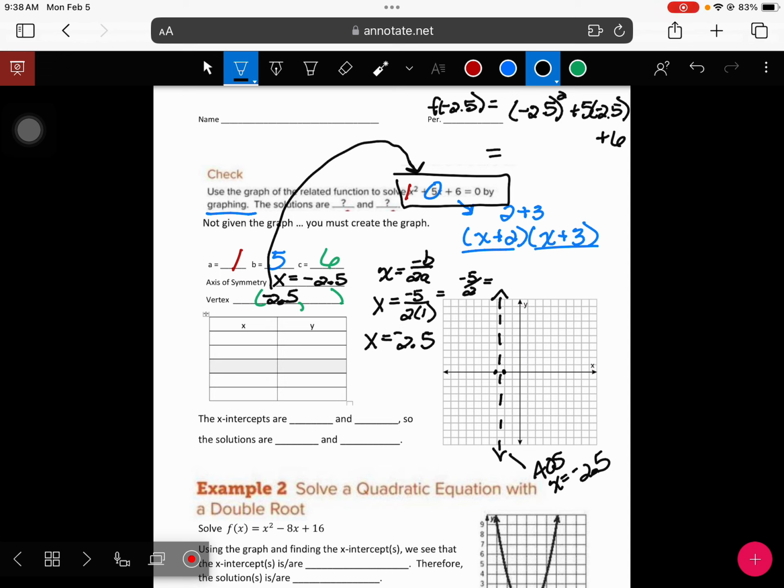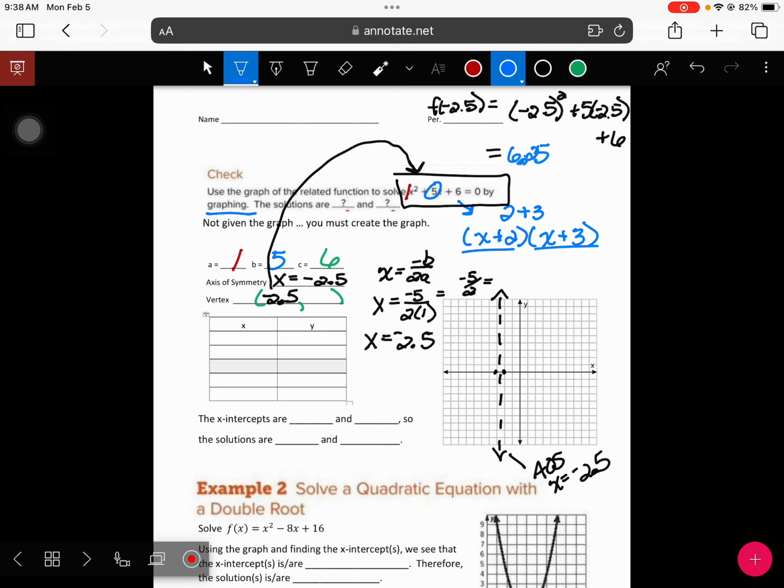And does somebody have an answer for me? Say it again. I don't think so. So parentheses negative 2.5 and parentheses squared. I think it should be 6.25. Yeah. Are you getting that now, maybe?